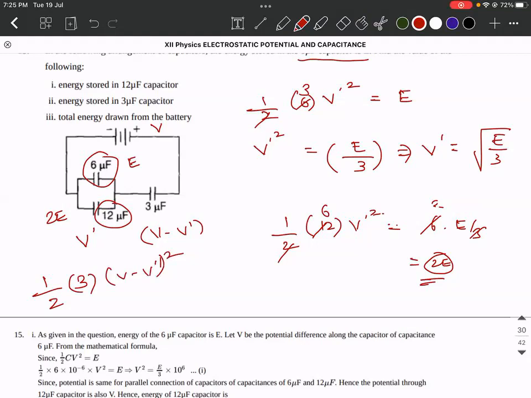V minus V dash square. For that, I need to find out what V square is. Find the total energy.